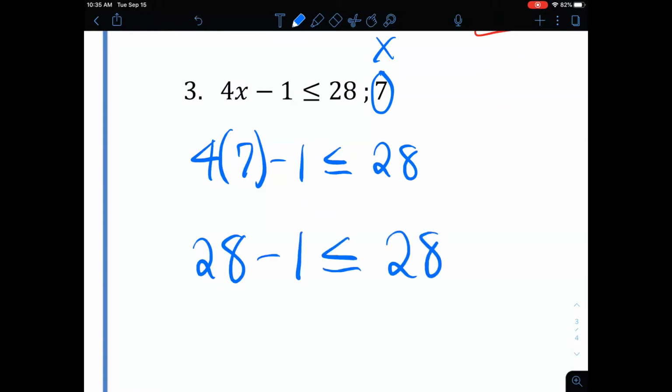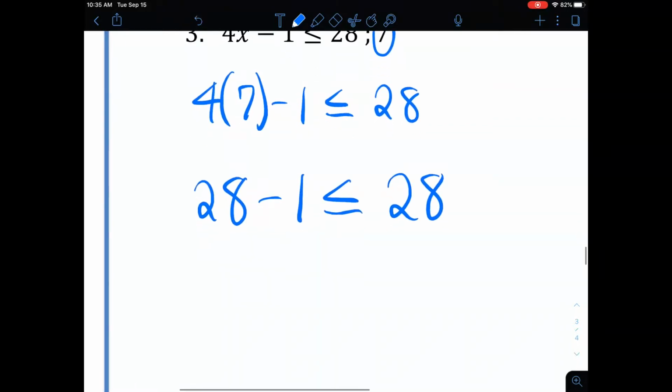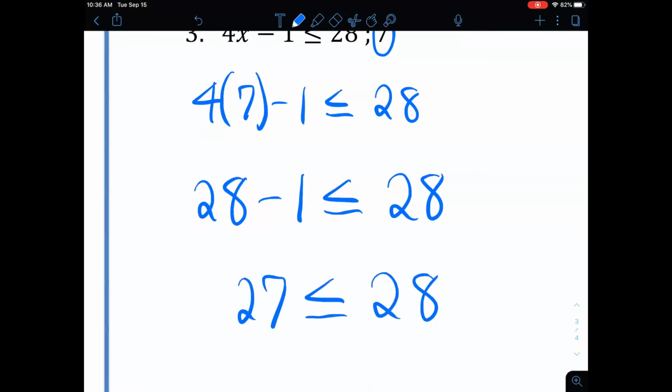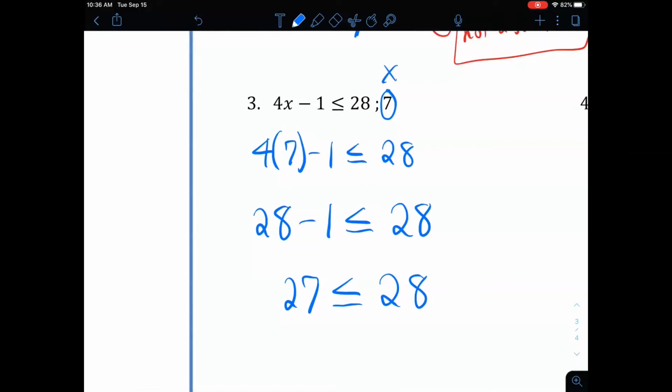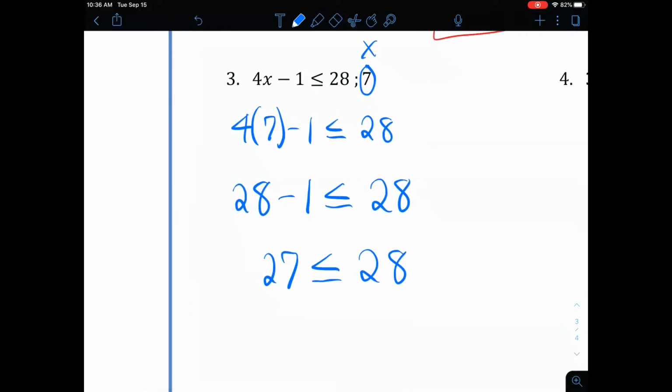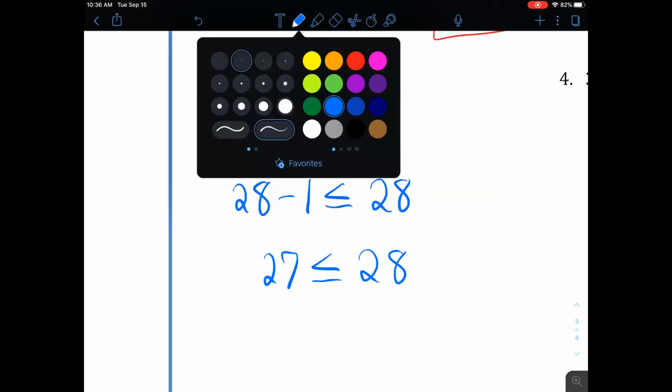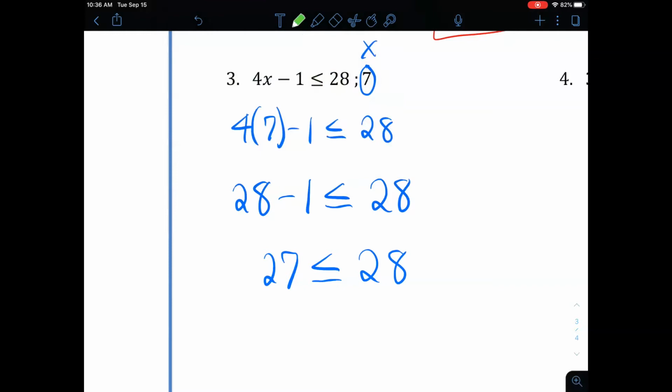Minus 1 is less than or equal to 28. So 28 minus 1, that's going to be 27, less than or equal to 28. Solution or not a solution? Is 27 less than 28? It is. Is it equal to 28? It's not. But it just needs to be either or. This is going to be a solution.